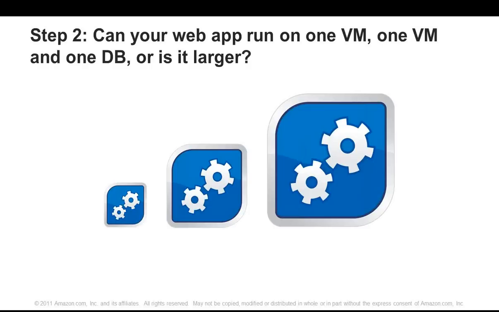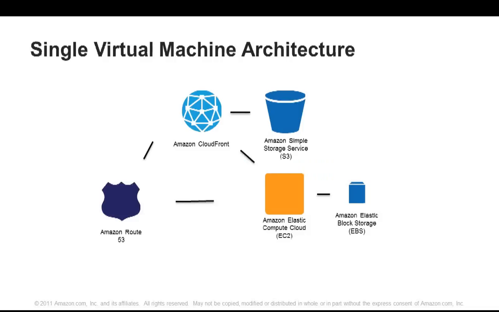And we'll cover another one in terms of having the database on the same server as the web server as we go through this architecture. Just like the static website architecture, you should be able to see those components, Route 53, CloudFront, and Simple Storage Service. That's still right here. What we've added is the Amazon EC2 instance, and also Elastic Block Store, which is disk storage for your Amazon EC2 instance.